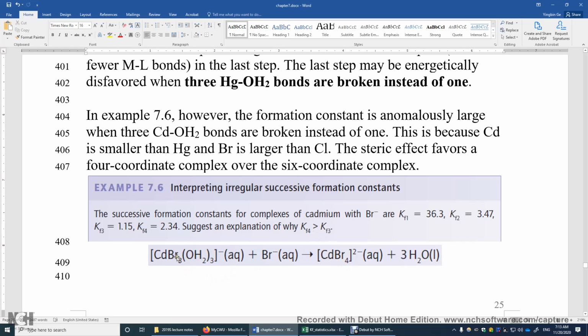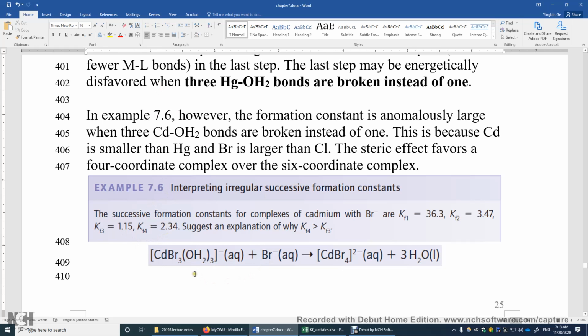But because of this breaking of 3 bonds, Kf4 is not much greater than Kf3. It's just slightly greater than Kf3. There are so many factors. So for this reaction, first you talk about statistical factors. And that means this Kf4 is supposedly smaller than this.